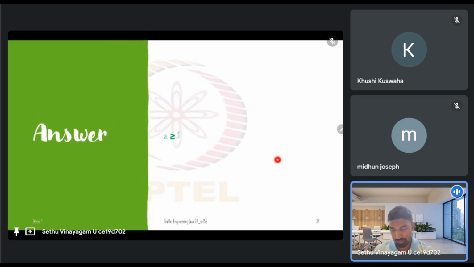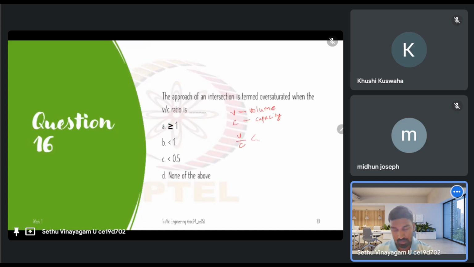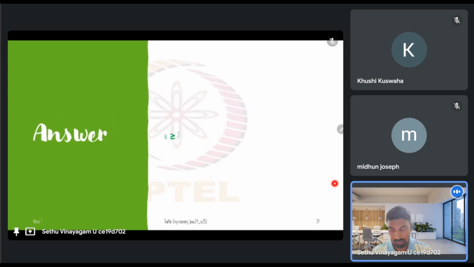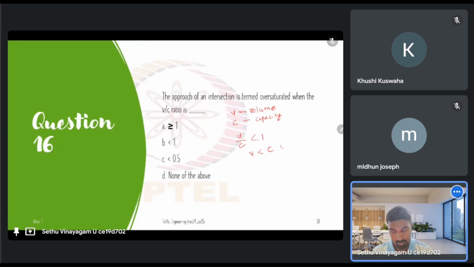So if it is less than 1, which means that volume is less than capacity, right? So the flow taking place in that particular road is less than the capacity of the road. In that case, we call it undersaturated, right? So when volume is equal to capacity, this is at capacity, right?